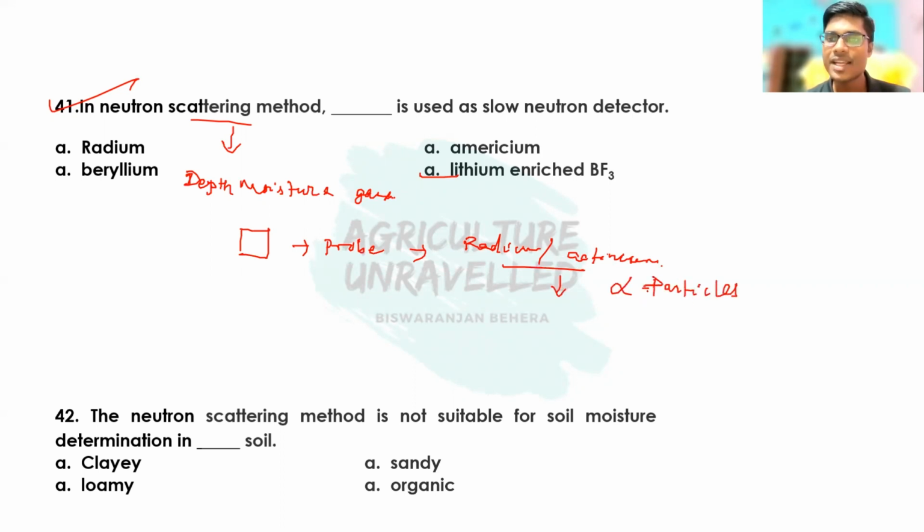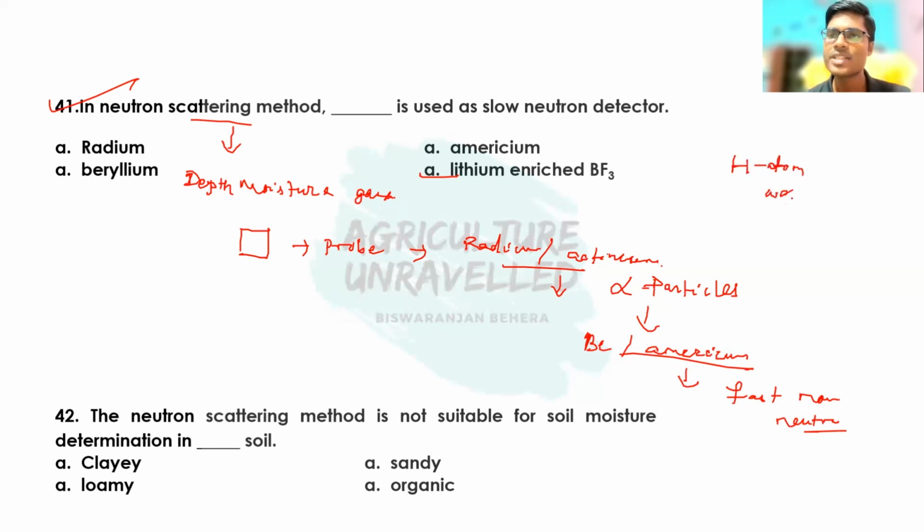And when these alpha particles strike beryllium or americium, these substances release fast moving neutrons. These fast moving neutrons, when they come in contact with the hydrogen atom of the soil water, get deflected and their speed gets slowed down.